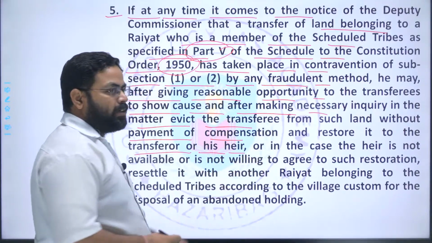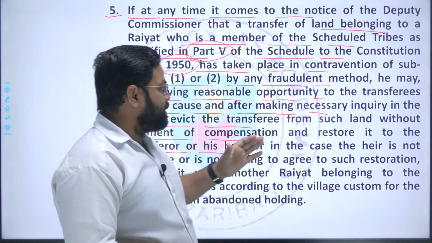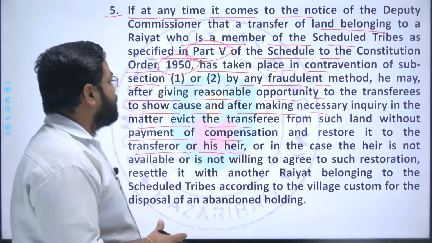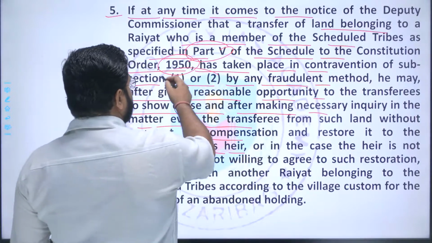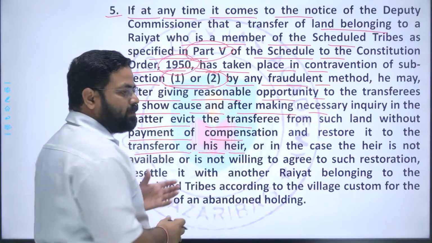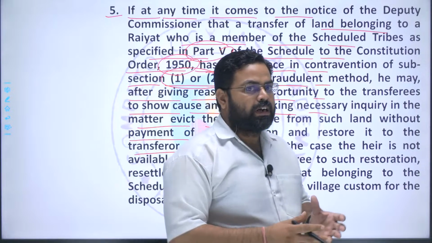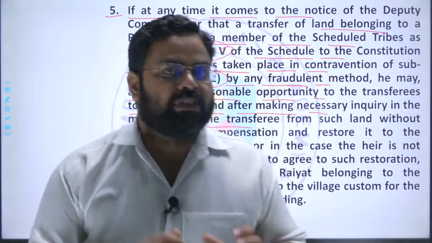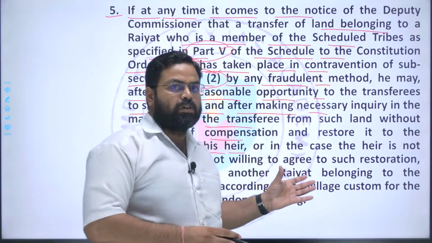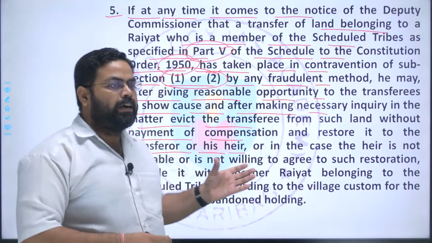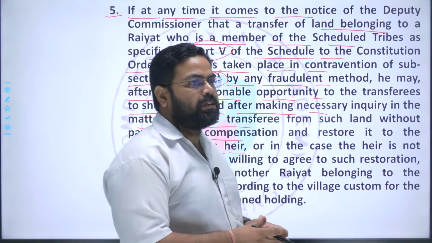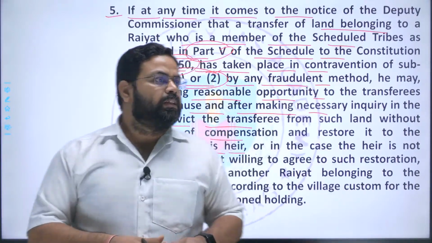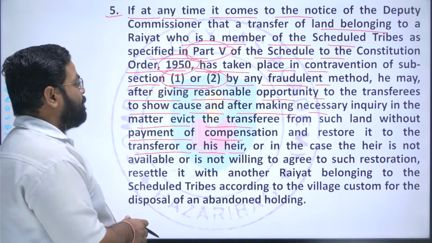his heir. So in this subsection it mentions that if the subsection 1 and subsection 2 were violated, and the person who was a scheduled tribal person who is mentioned as a scheduled tribe in the Constitution of India, and his land has been transferred in contravention of subsection 1 or subsection 2, then in such cases what will happen?